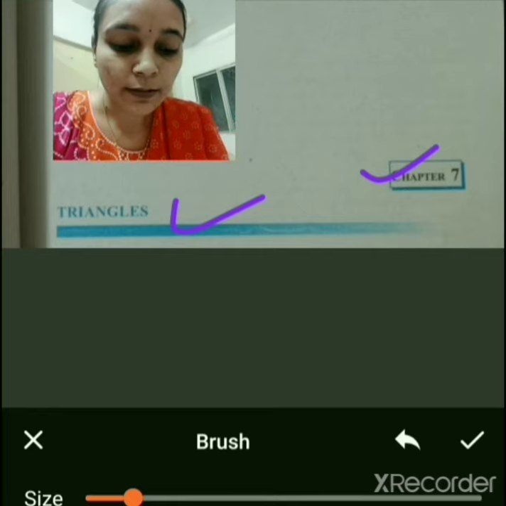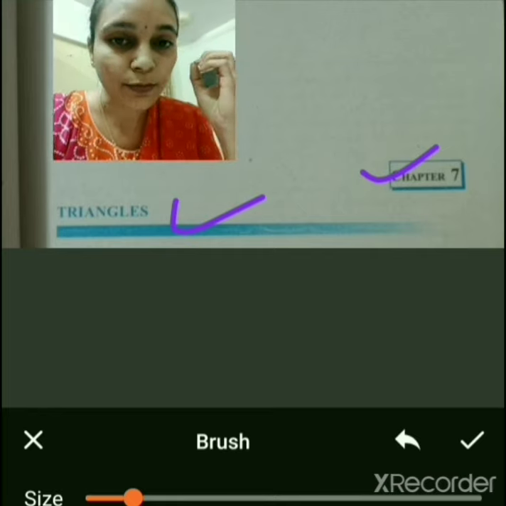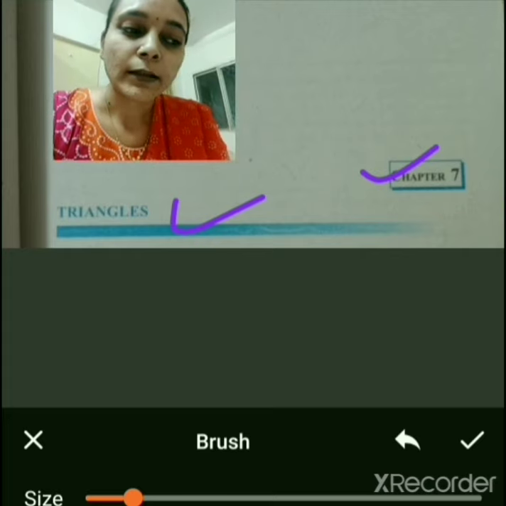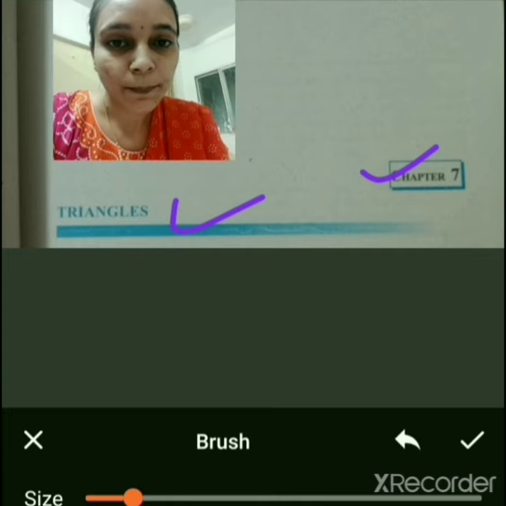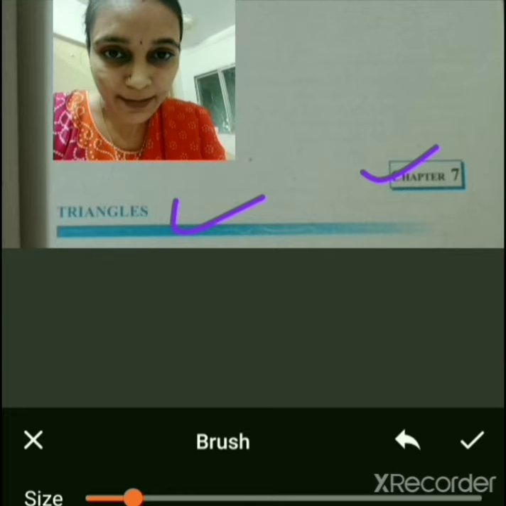So let us study about this. A triangle has three sides, as you know, and three angles. There are different types of triangles also. According to the angle we can divide triangles into three parts: acute angle triangle, obtuse angle triangle, and right angle triangle.